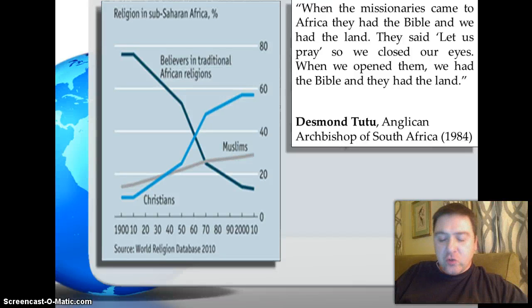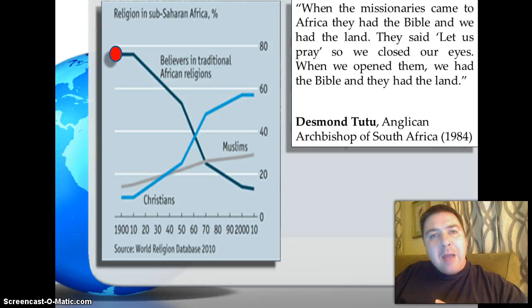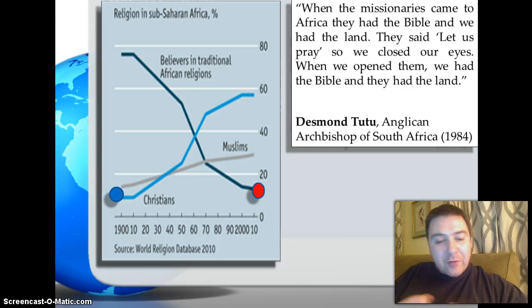Okay, we can see in these charts the effect of this. Going back 100 years to roughly 1900, close to 80% of people in sub-Saharan Africa, the southern part of Africa, practiced traditional African religions. By 2000, we're looking at maybe about 15%. At the same time, as traditional African religions are decreasing, Christianity goes from about 10% in 1900 to almost 60% of the population in 2000.